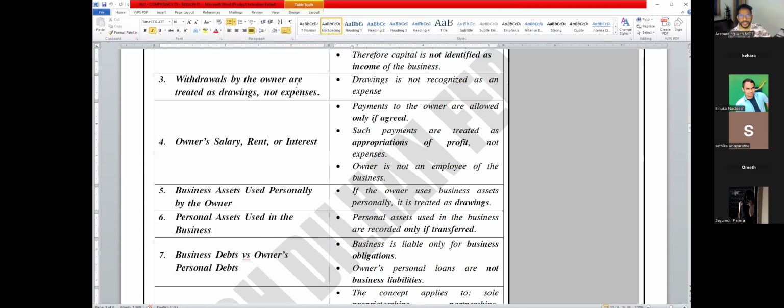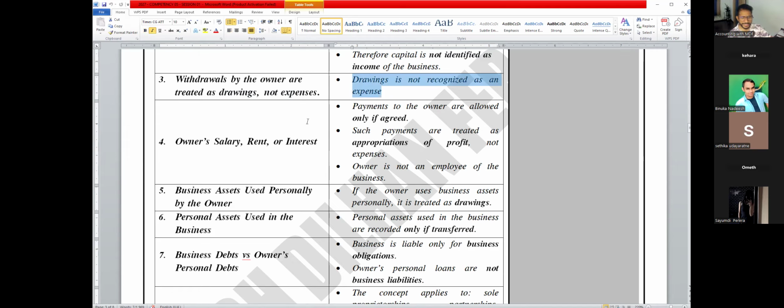Withdrawals by the owner are treated as drawings, not as expenses. I repeat, withdrawals by the owner are treated as drawings, not expenses. Drawings are not recognized as an expense.